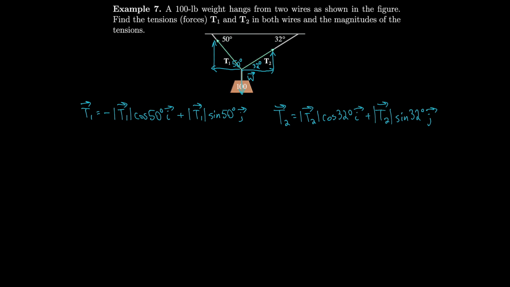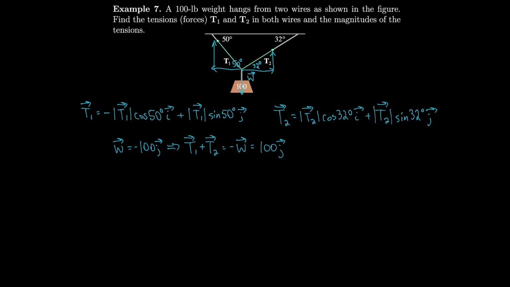Okay, so then we know that our vector w for our weight is minus 100 times j, so that implies that if I take t1 and I add it to t2, then that should equal minus w, which would be 100j. Notice I'm using j because it's going straight down. j is our up or down because it's for y.